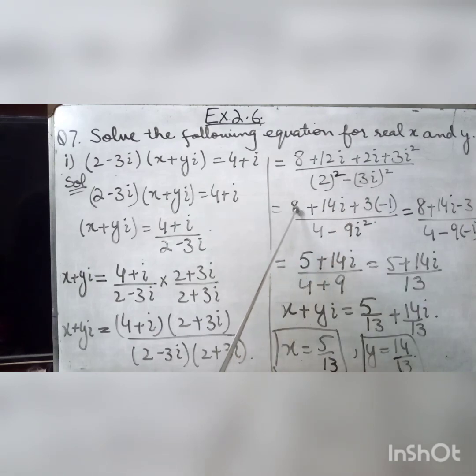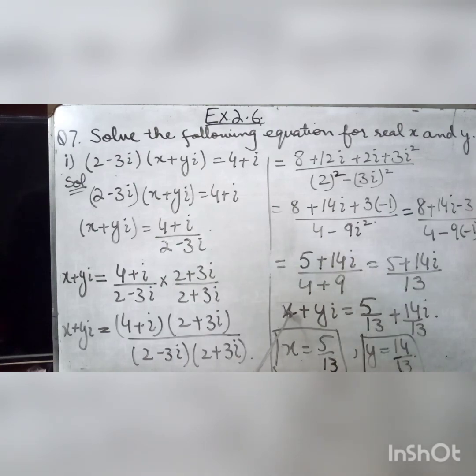Then we have 8 plus 14 iota plus 3 into minus 1, 4 minus iota square, which is equal to minus 1. After simplification, we have 5 plus 14 iota divided by 4 plus 3, 9, that is 13.